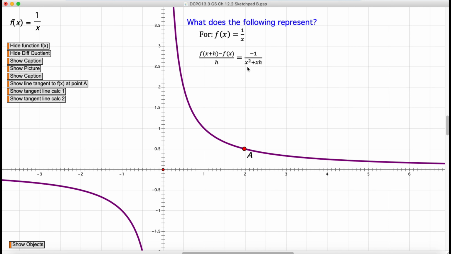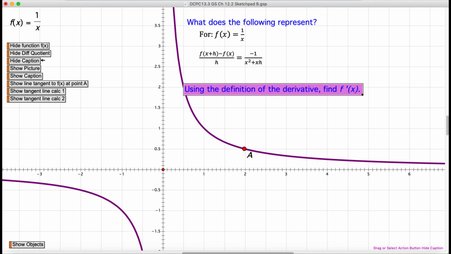So this -1 over x squared plus x times h will represent the slope for any secant line connecting 2 points on our graph of f of x equals 1 over x. If I had another point right up here and connected those two with a secant line, I could find their slope by using this -1 over x squared plus x times h.